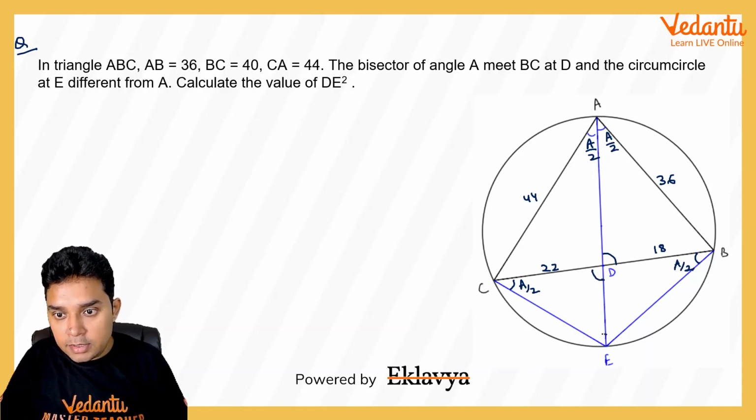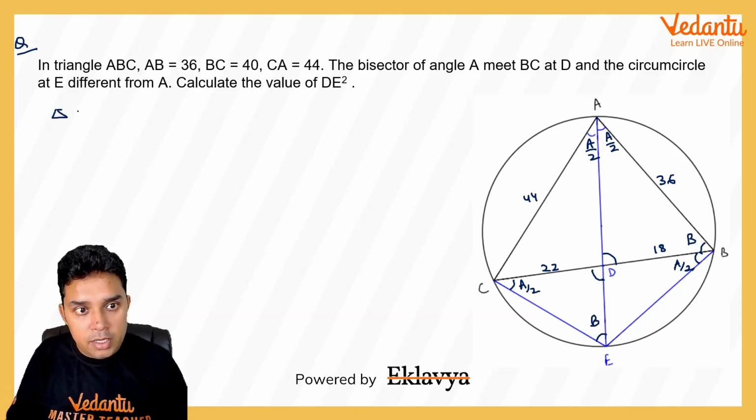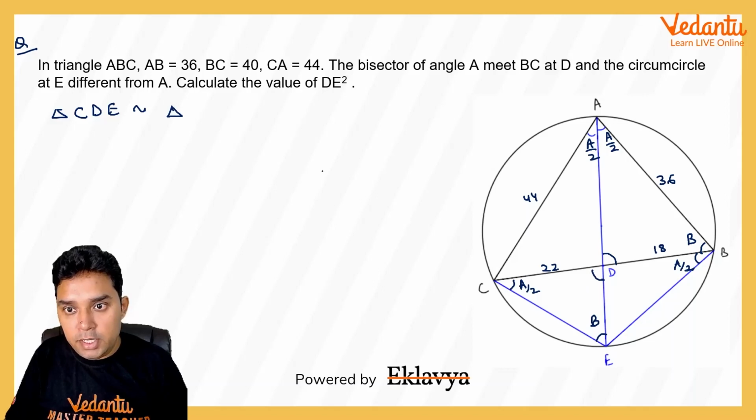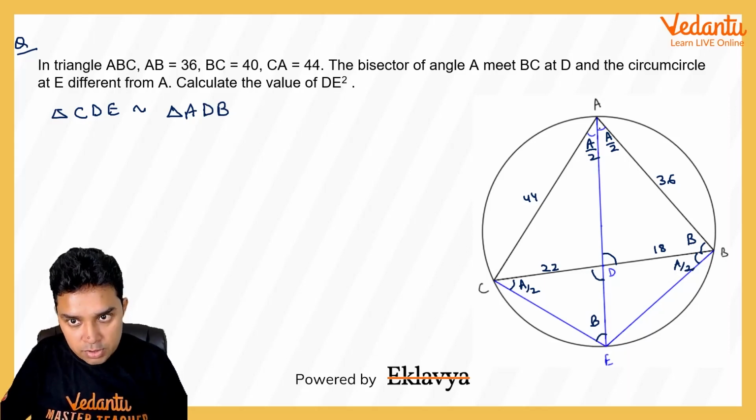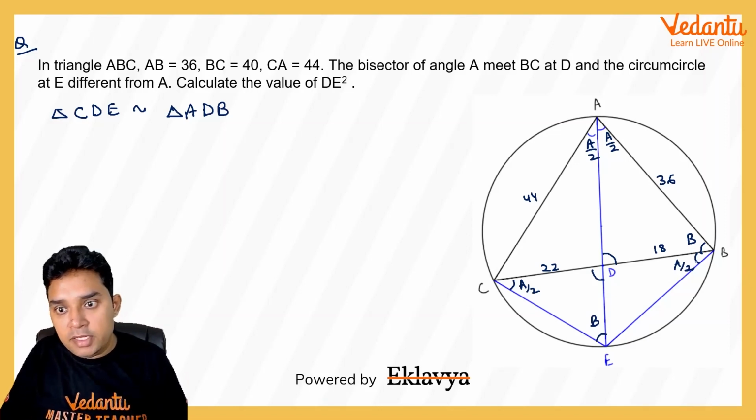And this angle is, I think, the same as this angle B. So I think we have triangle CDE to be similar to triangle ADB. I hope that is clear. CDE is similar to ADB from the angle criteria. You can very easily see.